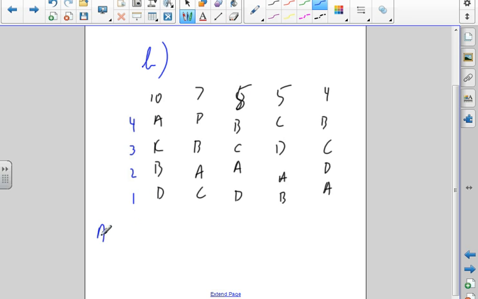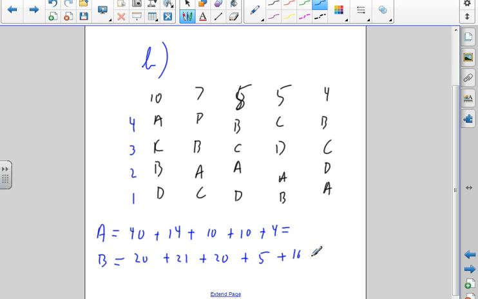Okay. So A is going to have 40 plus 14 plus 10 plus 10 plus 4. And B is going to get 20 plus 21 plus 20 plus 5 plus 16.